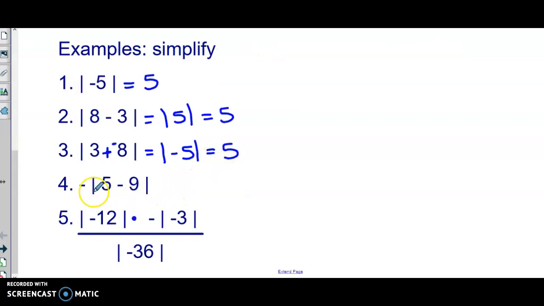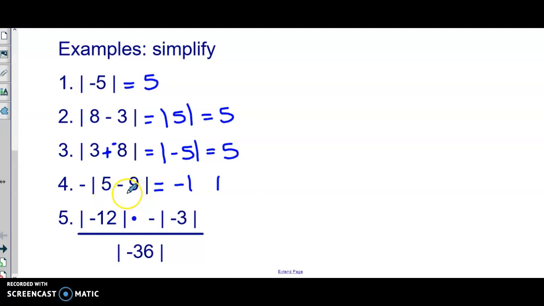All right, so number 4 has a negative sign, and then we have the absolute value of 5 - 9. Okay. This one's a little tricky because of this negative symbol outside of the absolute value sign. So for now, I'm just going to rewrite it. Okay, this is the negative sign. And then we need to simplify the expression inside of the absolute value sign.